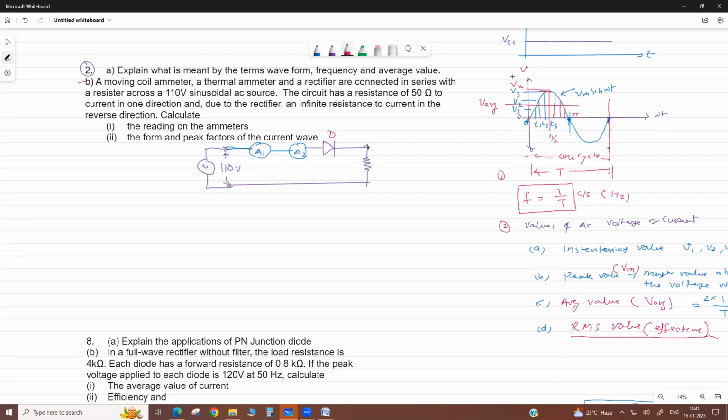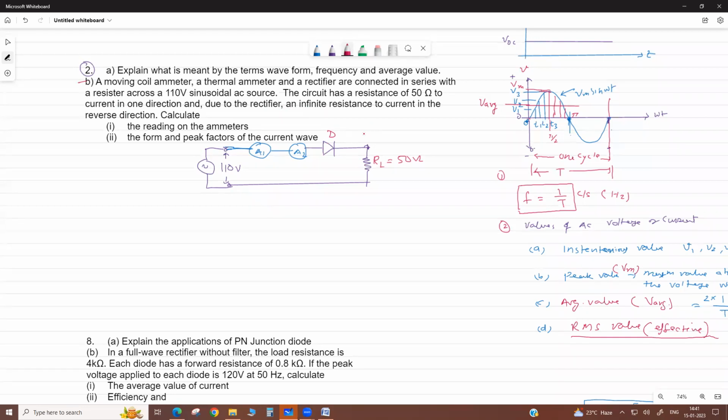Now the circuit has a resistance of 50 ohm. This is the 50 ohm to current in one direction, the total resistance of the circuit, not only the load resistance but the entire circuit.